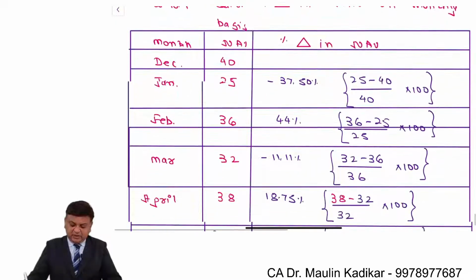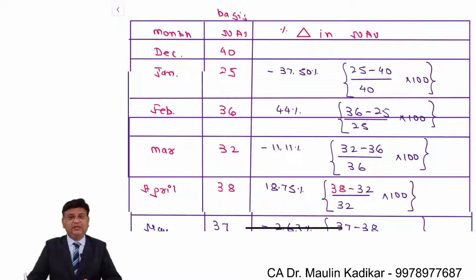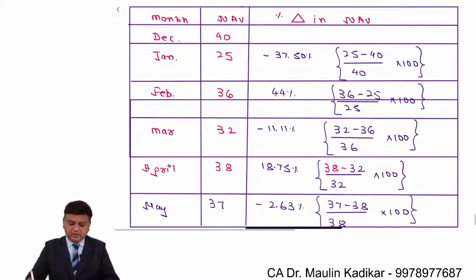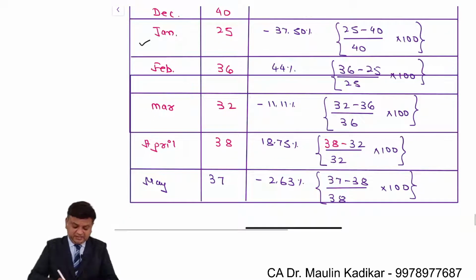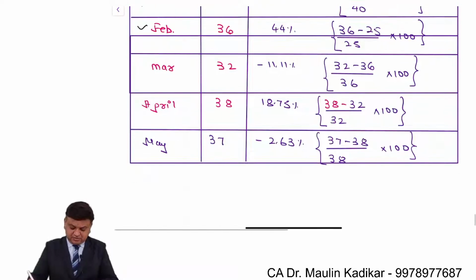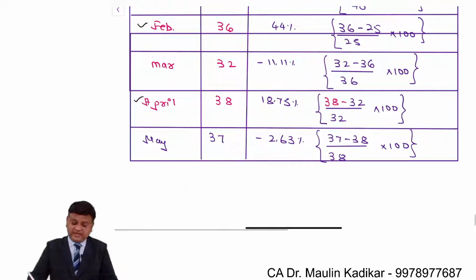So what will happen here? Looking at this table that we have prepared, we can understand that in the month of January the percentage change is more than 15 percent, so of course you are required to reshuffle the portfolio. February, yes. March, no, you don't have to reshuffle, because the percentage change is less than 15 percent. April, 18.75, yes.